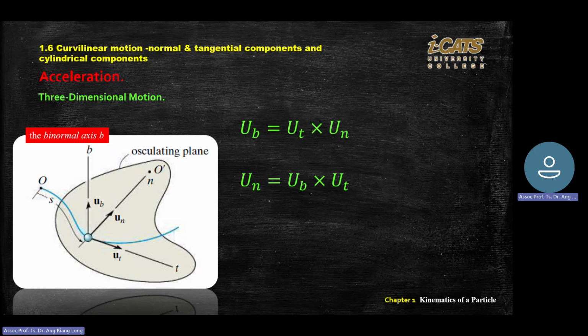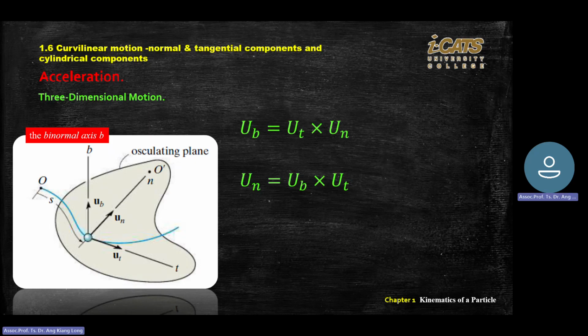Now, just to recall, using your right hand rule, how to find the middle finger, uB. uB is the K component of XYZ. How do you find uB? You take T cross N, anti-clockwise, because you know vectors are always anti-clockwise.